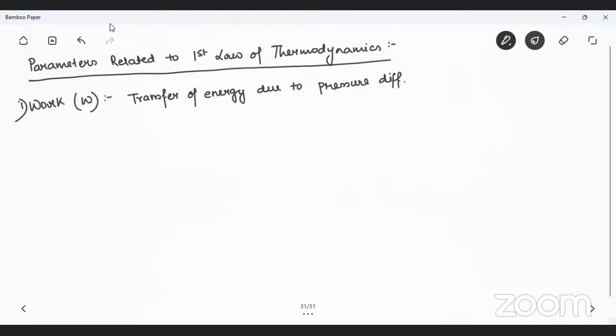It is neither intensive nor extensive. Remember these points. And one more thing, it is a path function.